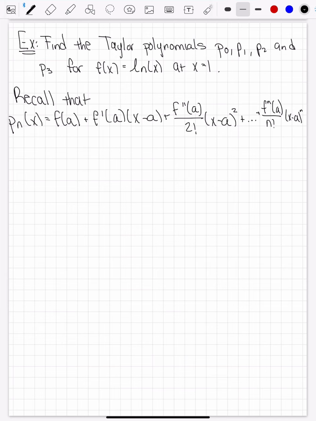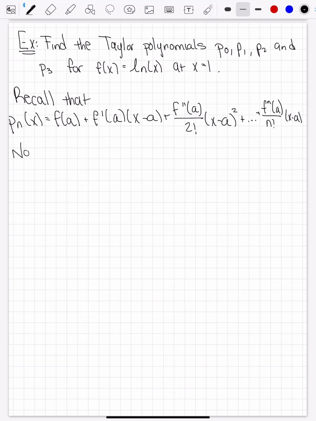So to find all of these, we're going to need the first derivative, the second derivative, all the way to the nth derivative. In this case, the highest derivative we're going to need is 3, to find that third Taylor polynomial.